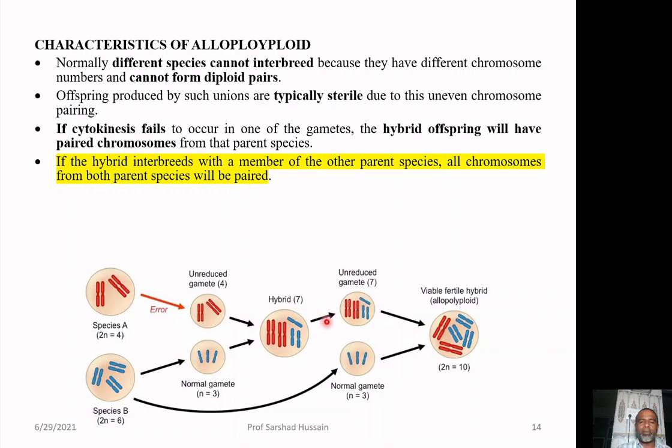But when it has formed a gamete, or it was crossbred with one of its parents, 3 more chromosomes from the parent were coming, so in total you can look at now 2n is equal to 10, and each chromosome is getting its pair. So, now it is allopolyploid, but it is fertile now, because each chromosome has its pair.